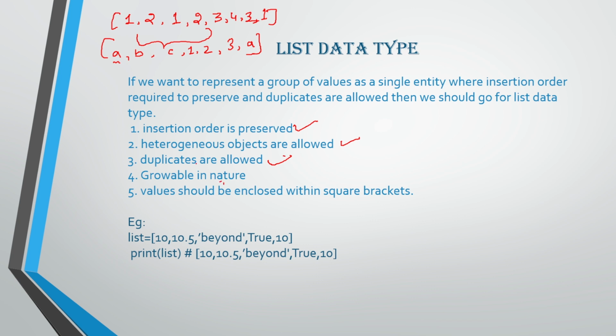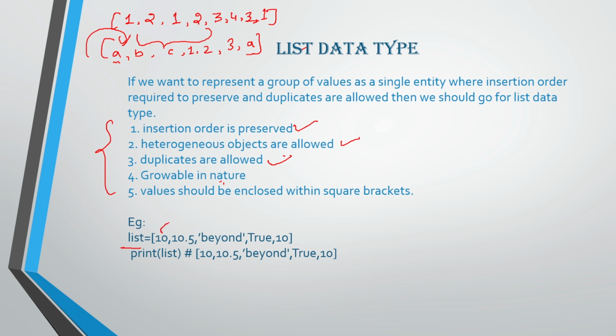It is growable in nature, that is, if you want to add any other content you can add it then and there itself. Values should be enclosed within square brackets. So this is the requirement for your list data, and this is why you're going to use it. Here is an example: list 10, 10.5, beyond, true, 10.